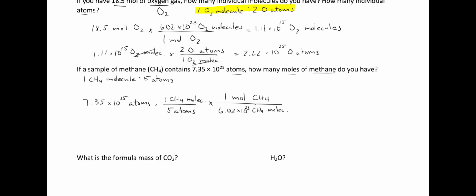Notice I got rid of the word molecules here because mole implies that we're talking about whatever unit CH4 comes in. It comes in molecules.